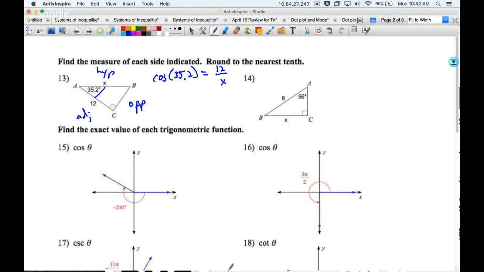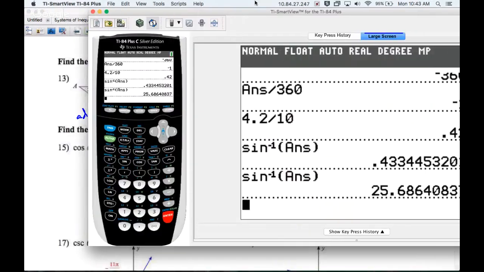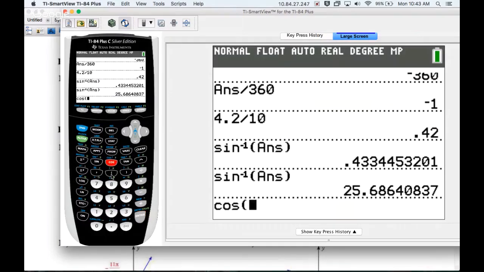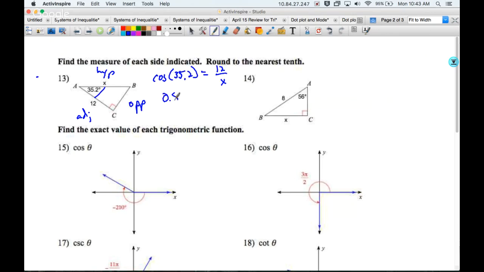All right, cosine of 35.2. Let's get a number for that. Cosine of 35.2. Make sure you're in degree mode because you're plugging in a degree measure into cosine. Get 0.817. 0.817 equals 12 over x.